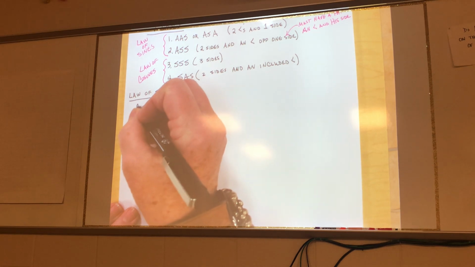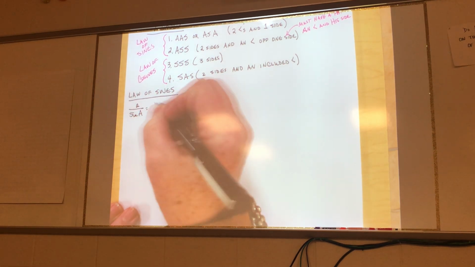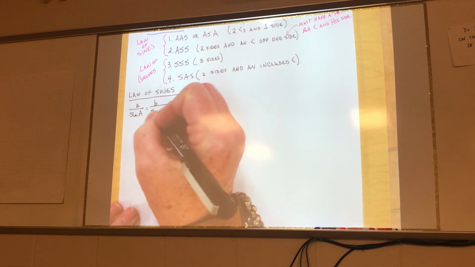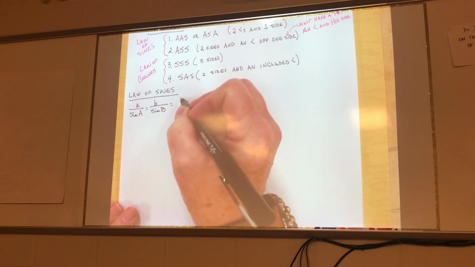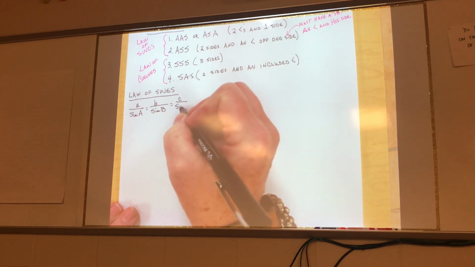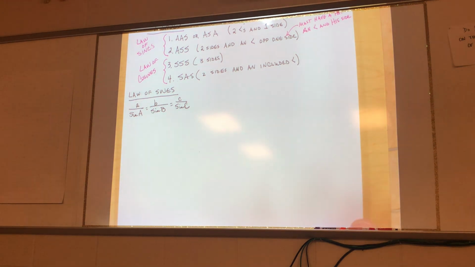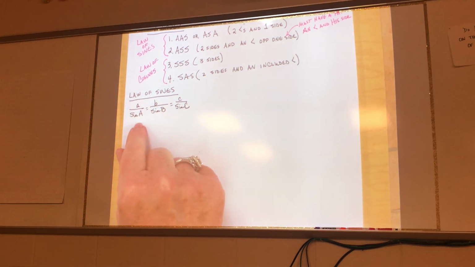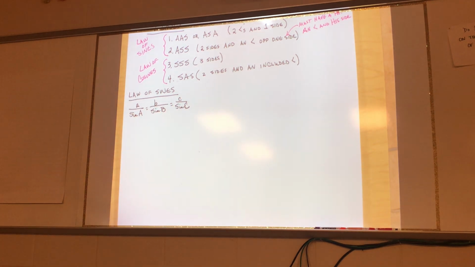It's side A is to the sine of angle A, as side B is to the sine of angle B, as side C is to the sine of angle C.